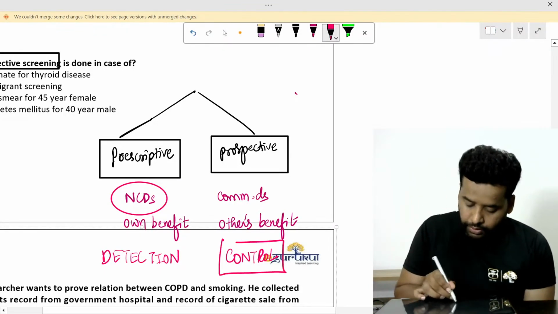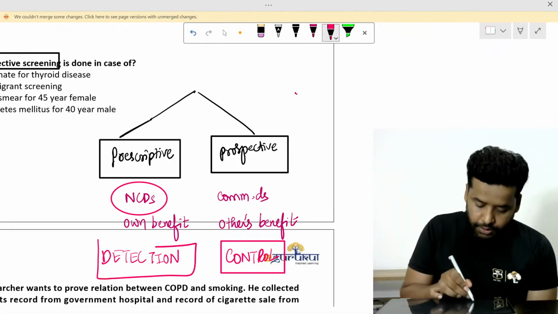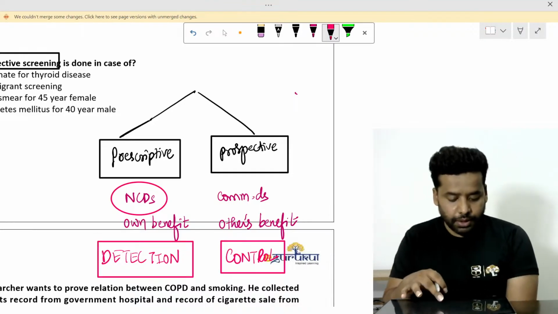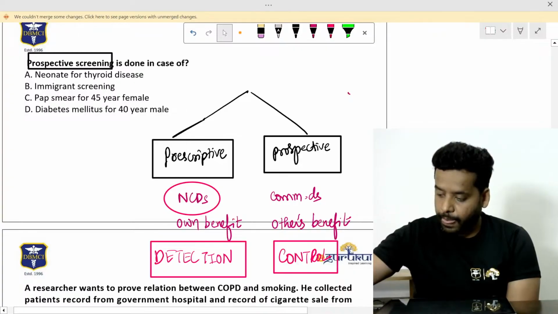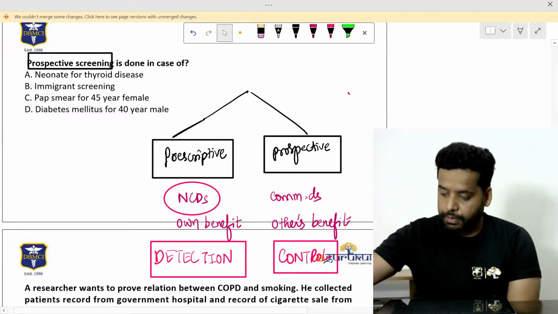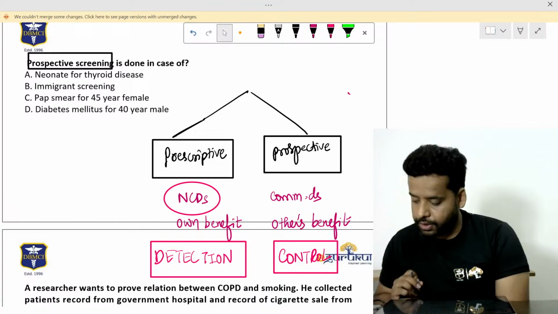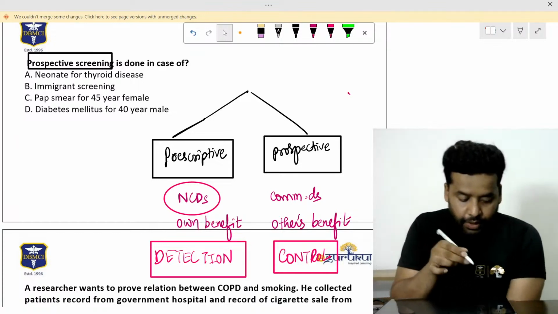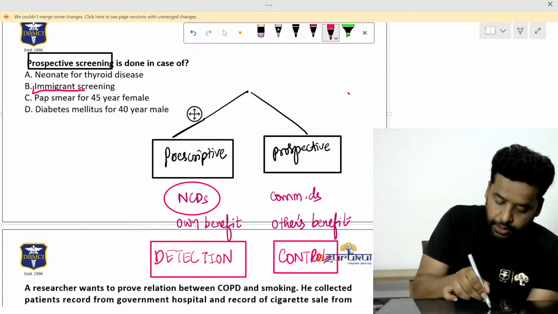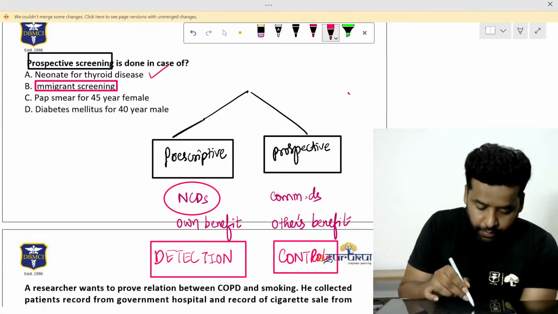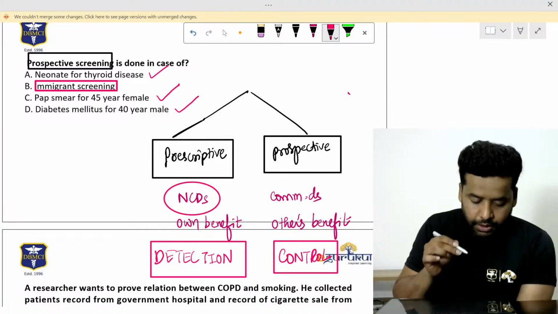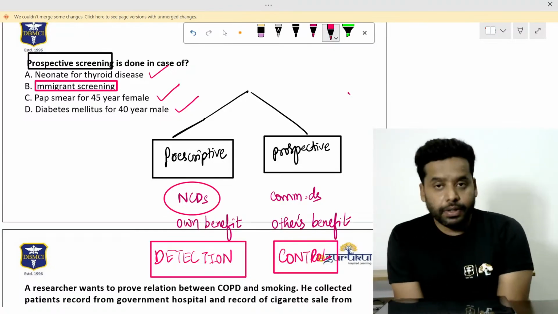So now tell, out of the given options, which is an example of prospective screening? Immigrant screening, that will be the answer. All the rest, thyroid, pap smear, diabetes, are examples of prescriptive screening.